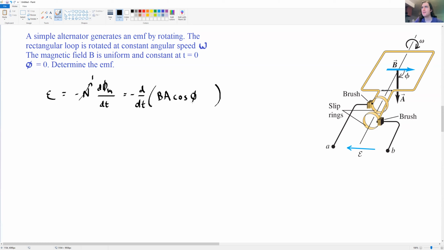The problem wants us to specifically look at phi equals 0, but we need to actually include cosine phi in this expression. Can anybody tell me in the chat why we should include cosine phi here? Why do we have to include cosine phi even though we're looking at phi equals 0?